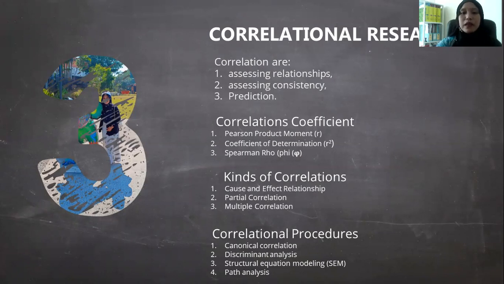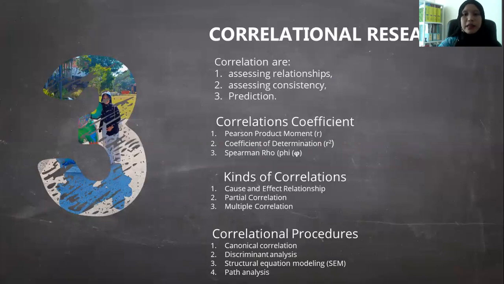The correlation coefficient is symbolized by a small r. The second one is the coefficient of determination, symbolized R square. And then the next one is Spearman rho.